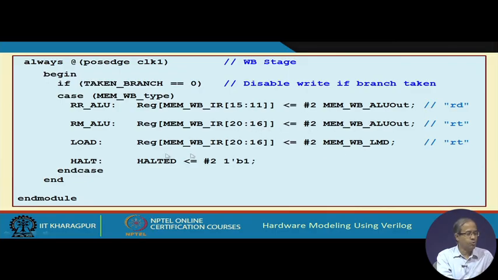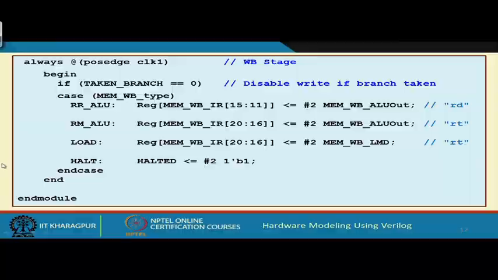And if it is load, again the data is in LMD, it will be stored in RT, again 16 to 20. And if it is a halt instruction, here in the WB stage you are setting the flag halted to 1. So, after you have set the flag to 1, all further instructions will not do anything, the machine will basically stop.